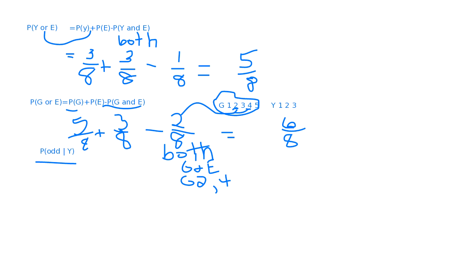Okay, this is a given problem. Remember, with the given problems, your set gets smaller. What does it have to come out of? How many does it have to come out of? This is the probability that it's odd.